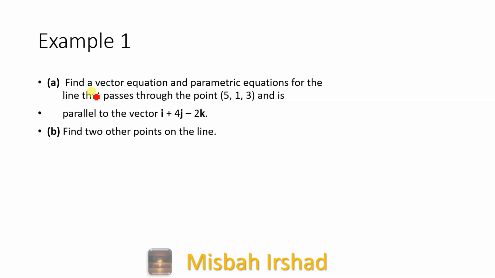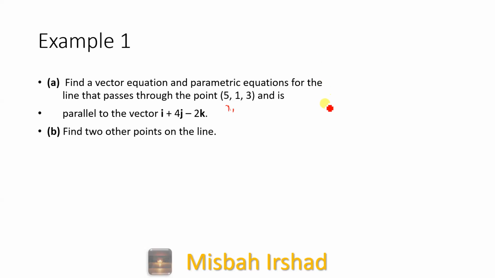Let's understand the idea with the help of an example. Find the vector equation and parametric equation of the line that passes through the point (5, 1, 3), that is x naught is 5, y naught is 1 and z naught is 3, and is parallel to the vector i plus 4j minus 2k. It means a is 1, b is 4 and c is negative 2.